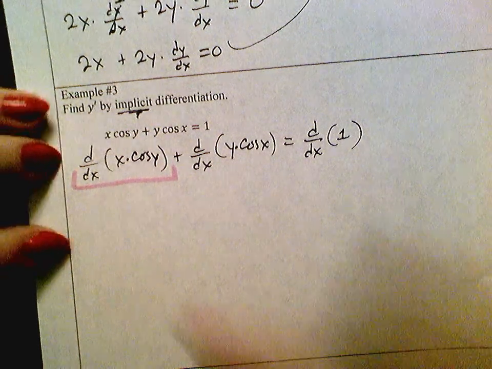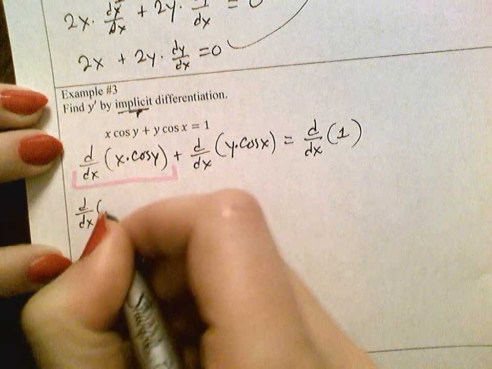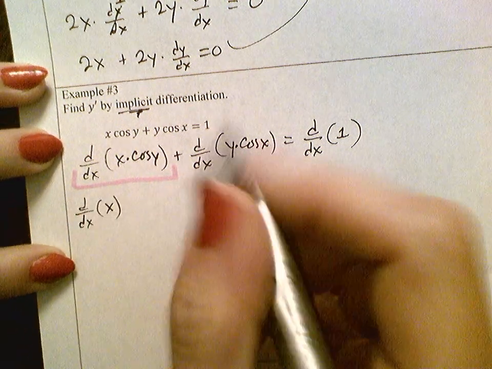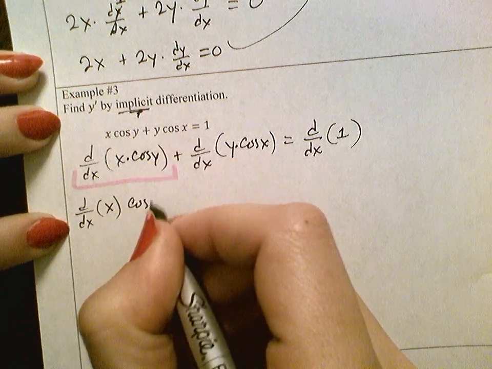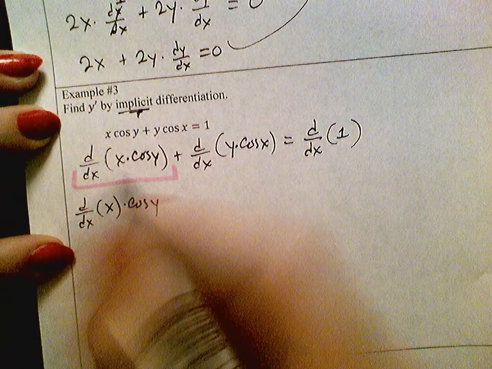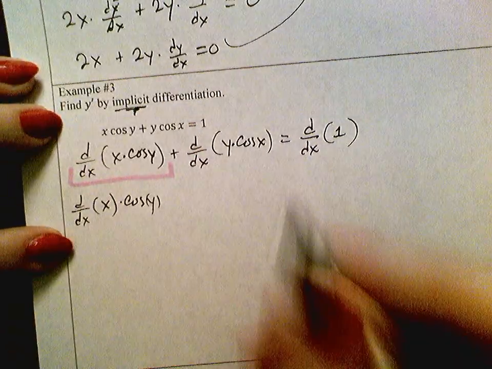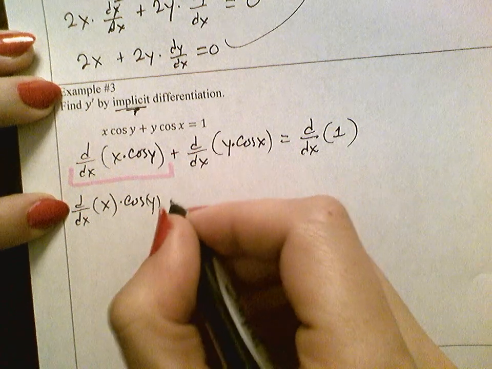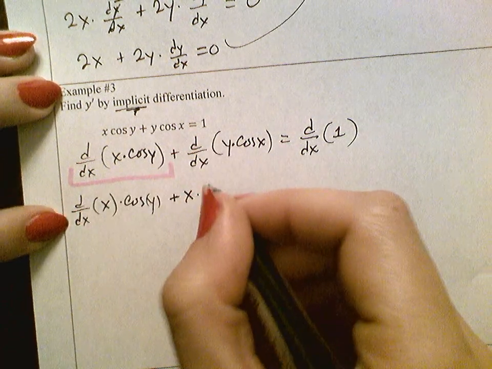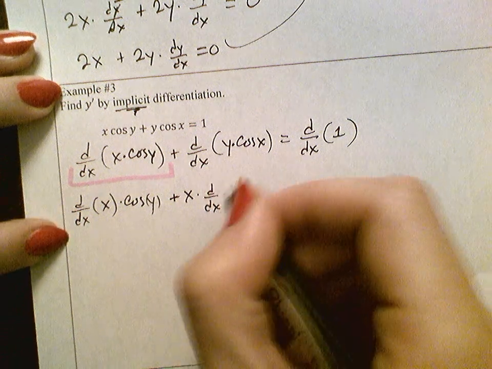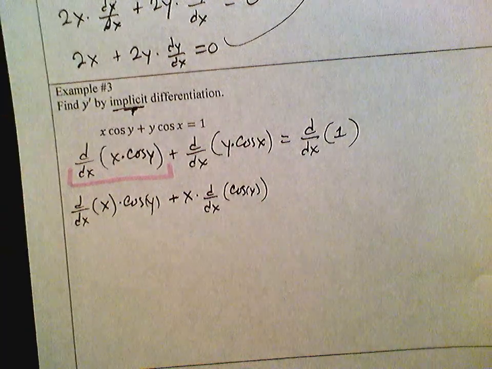So for this, I need the derivative with respect to x of x, and then I just bring down the cosine of y. Often I put parentheses around that, but they often leave it off. And then it's going to be plus, I bring down the x, and then I multiply by the derivative with respect to x of cosine of y.